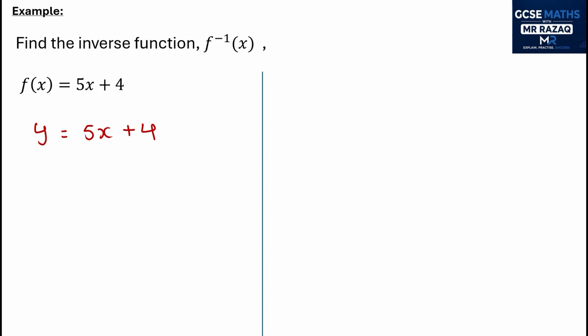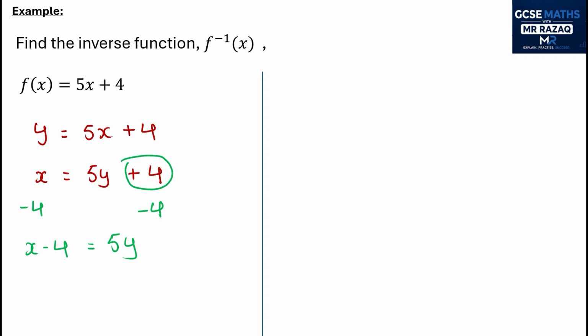Then, instead of writing y, I'm going to change it to x, and the x will be changed to y plus 4. Now, I'm going to make y the subject of formula. To do that, you can see there's a plus 4. So what's the opposite of plus 4? Minus 4. And you're left with 5y is equal to x minus 4.